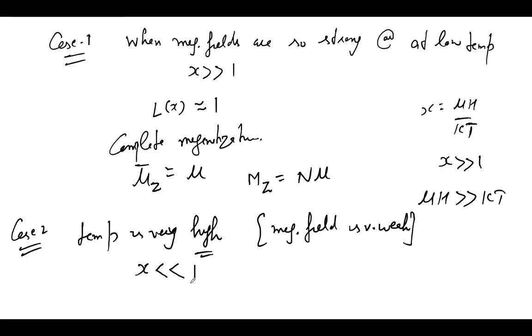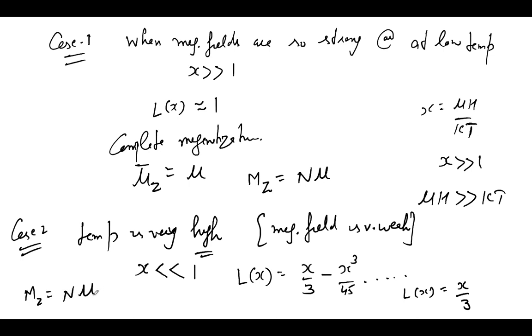So the value of x is very small, and in that case our Langevin function we can write as x over 3 minus x cube over 45 and so on. For first order, we can write L(x) as of the order of x by 3. In this case our Mz we can write as n mu x over 3. Putting the value of x, this becomes n mu square H over 3kT.